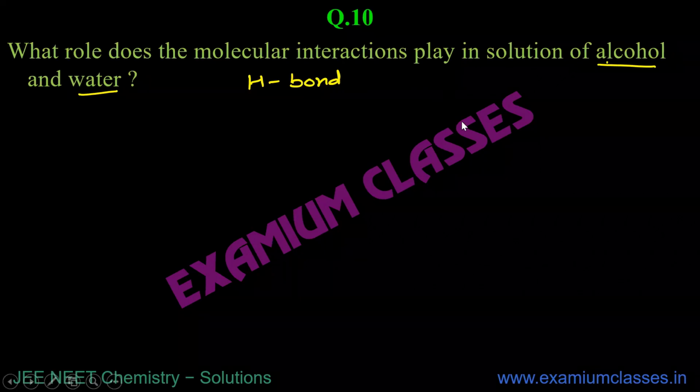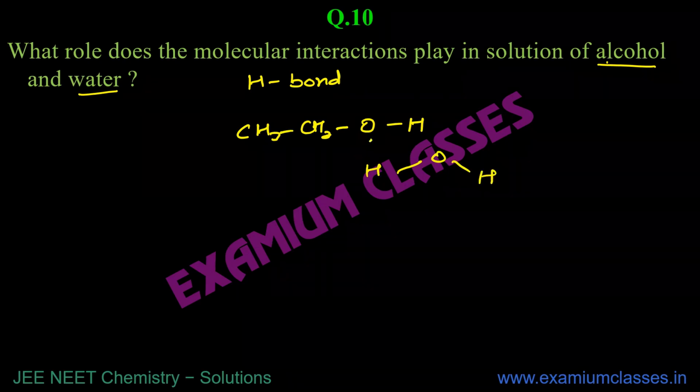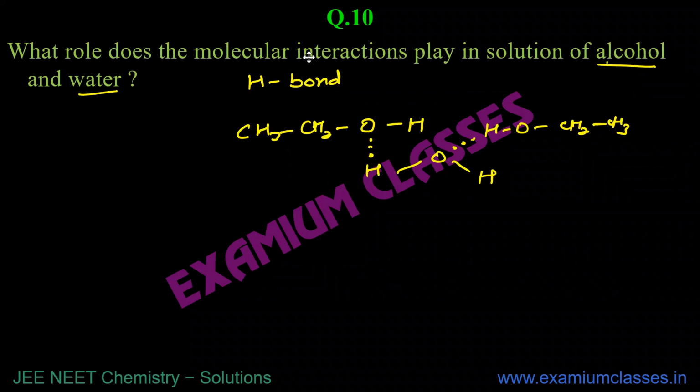So for example, you will say CH3CH2OH will be there, and there HOH will be there, and there will be hydrogen bonding between the oxygen of the water molecule and HOCH2CH3. Here also hydrogen bonding will be there. It can be any alcohol.